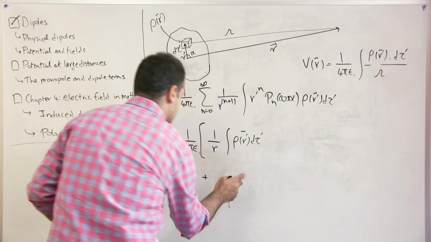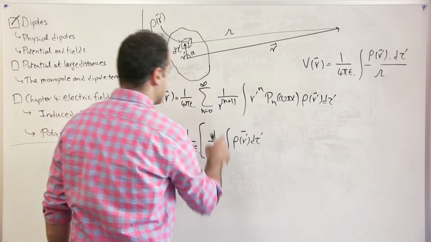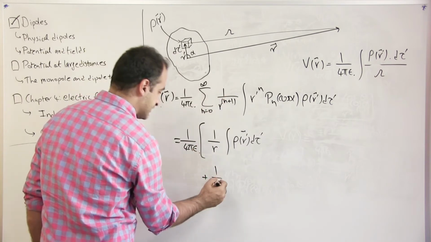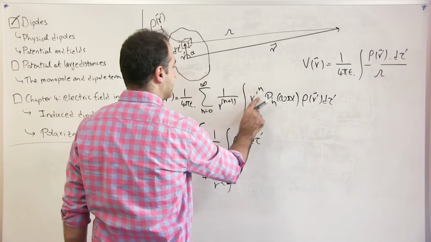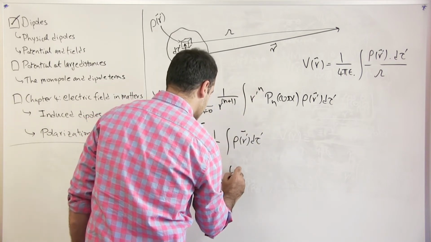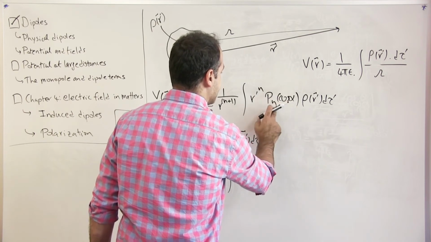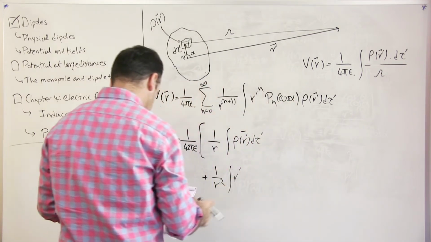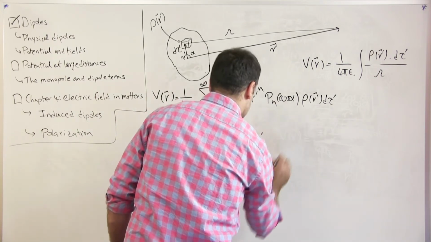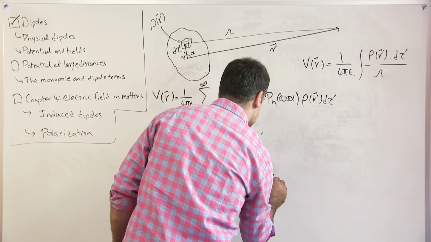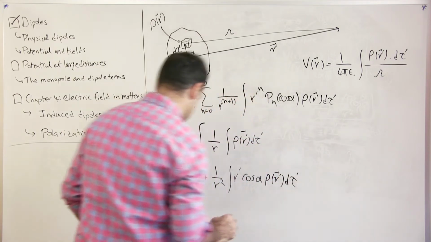Now let's look at the second term. Plus, I'm writing the second term here. It's going to be 1 over r squared, since n is 1. Inside the integral, we have r prime to the power of 1, so we get r prime. Here Pn of cosine alpha, if n is 1, is equal to cosine alpha. So we get cos alpha rho r prime d tau prime.